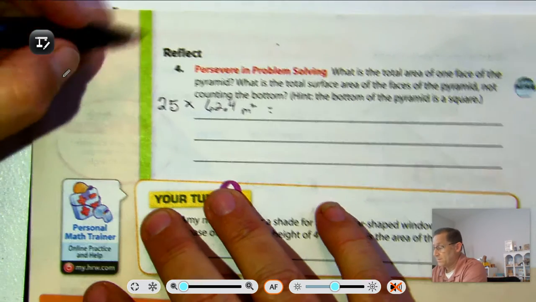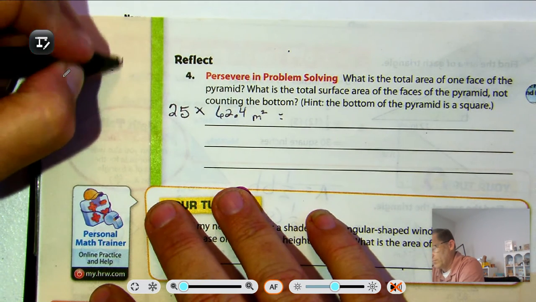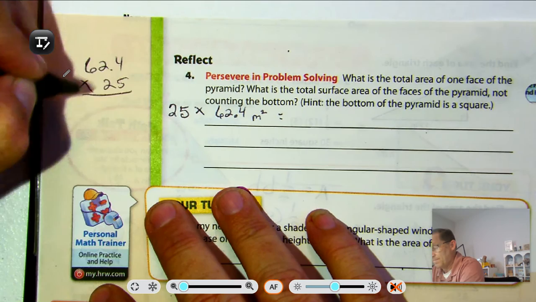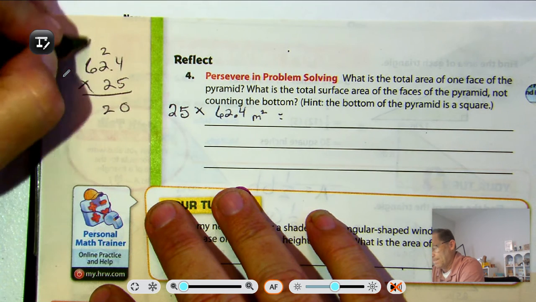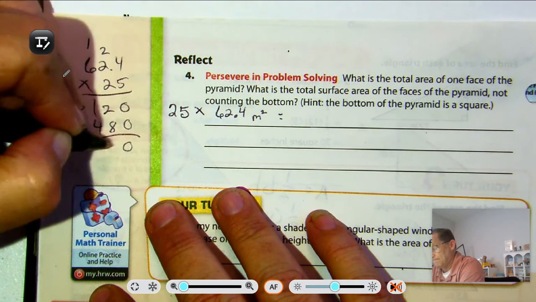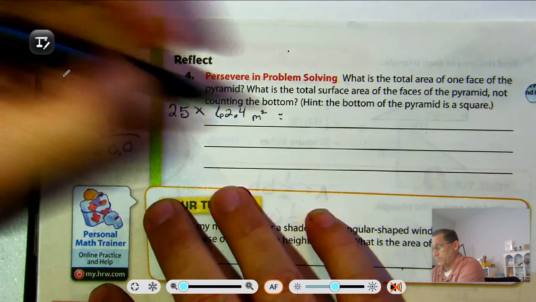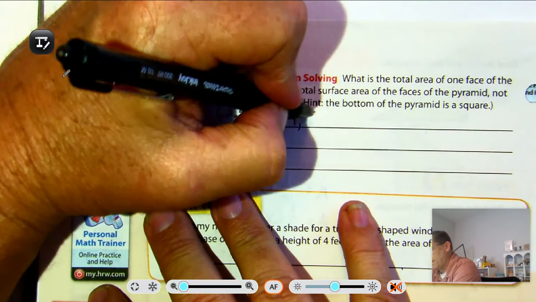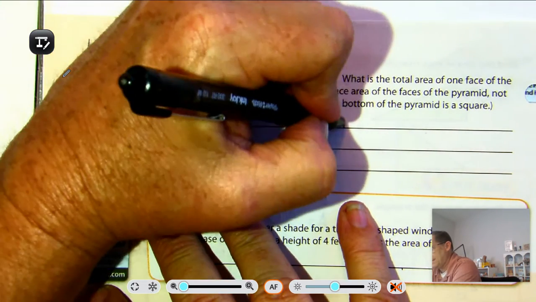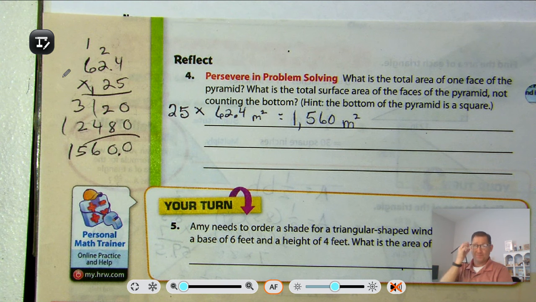Okay. So 62 and 4/10 times 25. I come up with 1,560 square meters for one face.